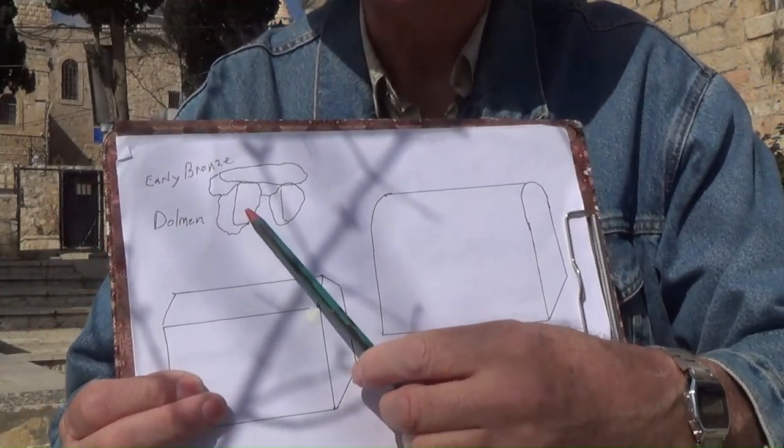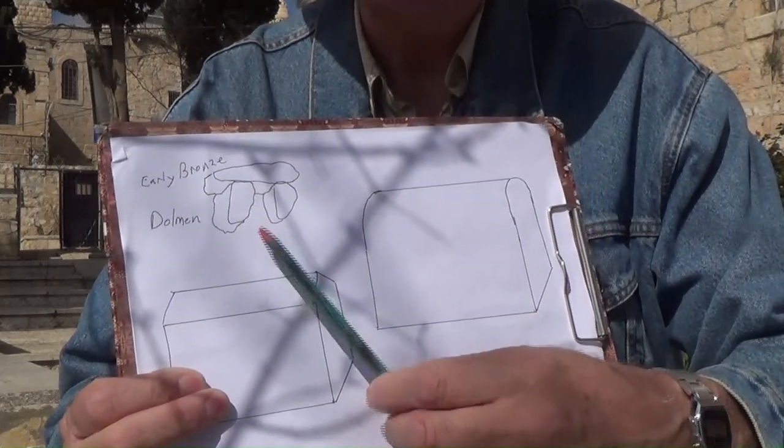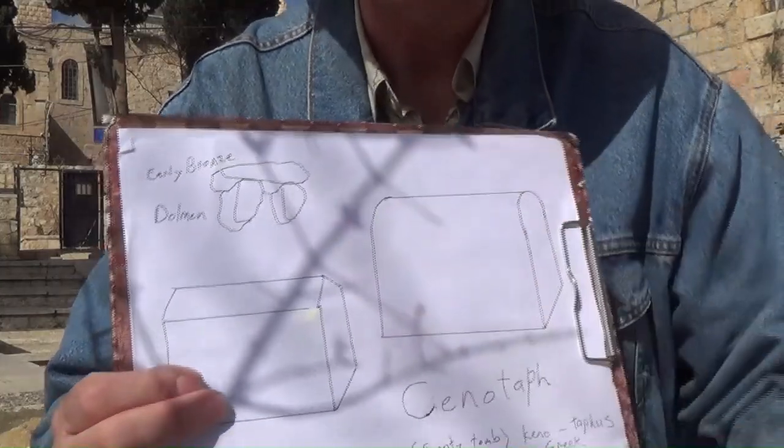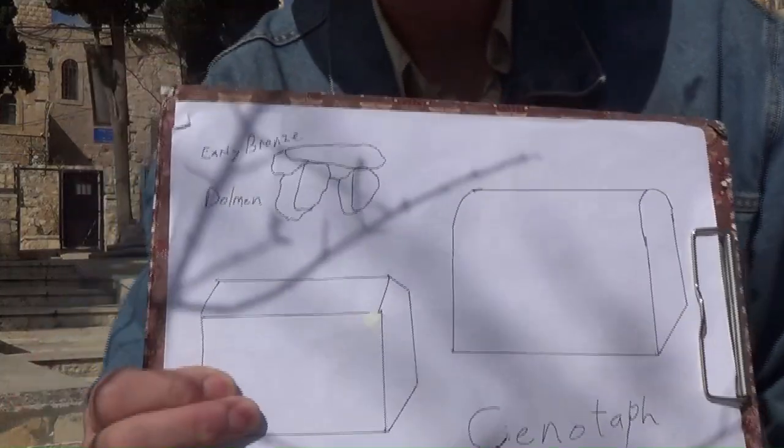The dolmens were two large boulders with a flat boulder on top, and you find these up in the Galilee, the Golan Heights, and the Jordan Valley. These were from the early Bronze Age, and you have these types of dolmens also in Europe. It's a very primitive way of creating a cave. If you don't have a cave, then you make a dolmen.